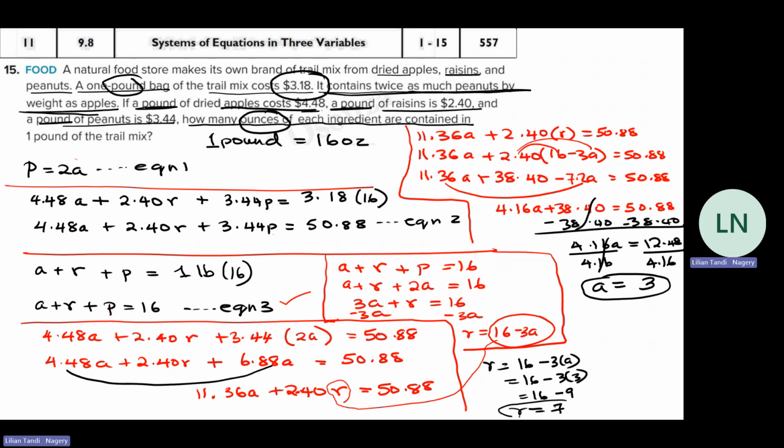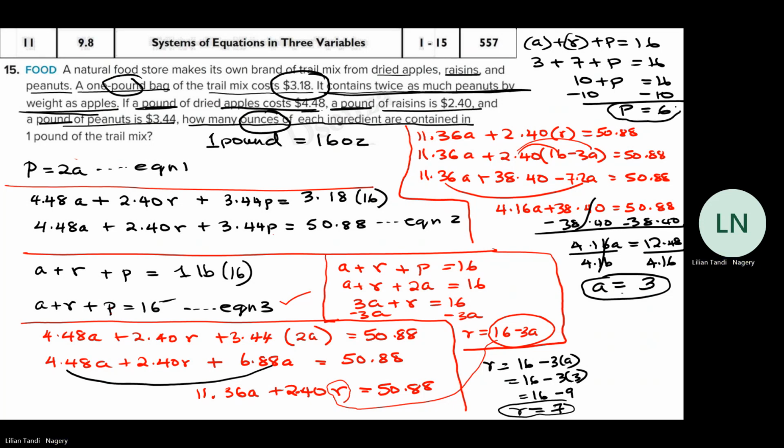R is 7. Now I know A and R, I can find P. I can use this equation to find P. A plus R plus P equals 16. A is 3, R is 7, plus P equals 16. 10 plus P equals 16, minus 10, minus 10, P is 6. Then write your solution.